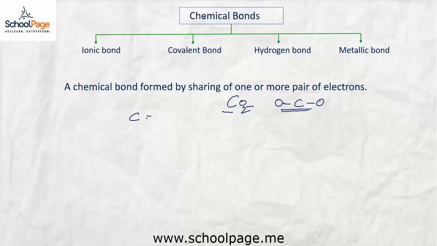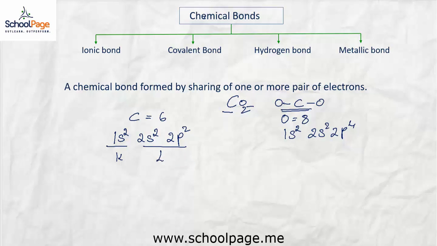Carbon has an atomic number 6 and oxygen has atomic number 8. The electronic configuration of carbon is 1s2, 2s2, 2p2. The electronic configuration of oxygen being 1s2, 2s2 and 2p4. 1s2 goes to K shell, 2s2 and 2p2 goes to L shell, which is the last shell in carbon.